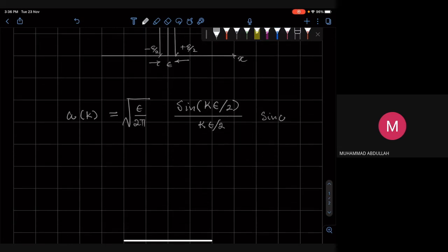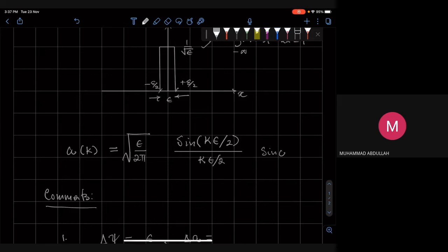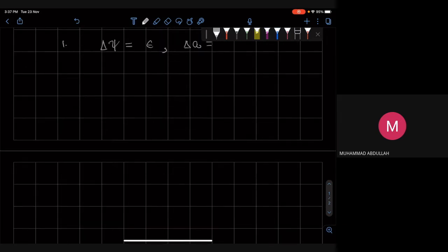Okay, before I look at the Fourier transform of this function, let's make some comments. Comment number 1 is that the width of the top hat function is epsilon. And to find the width of the Sinc function, the Fourier transform, what we have to do is find the first zeros of this function around the origin. So what does this function look like?